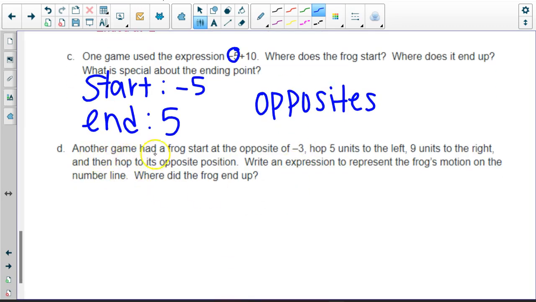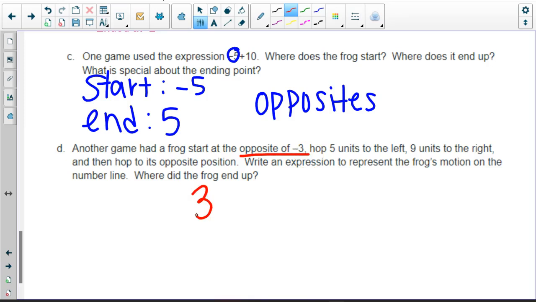Last question. Another game had a frog start at the opposite of -3, hop 5 units to the left, 9 units to the right, and then hop to its opposite position. So we're going to write an expression, and when it says write an expression, we just want the numbers, but remember, no equal sign. It says we start at the opposite of -3. So the opposite of -3 is 3.